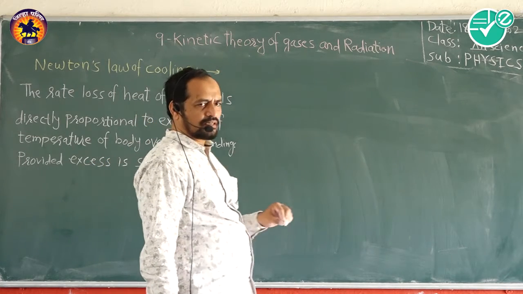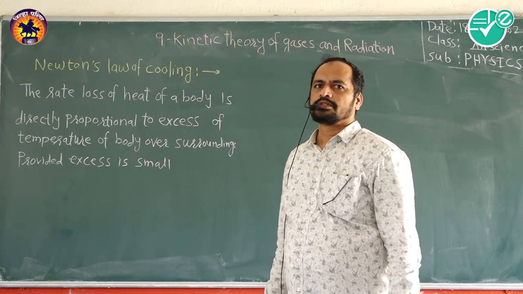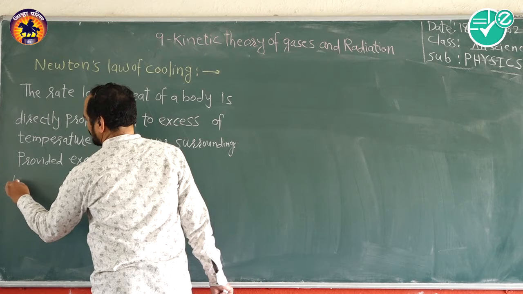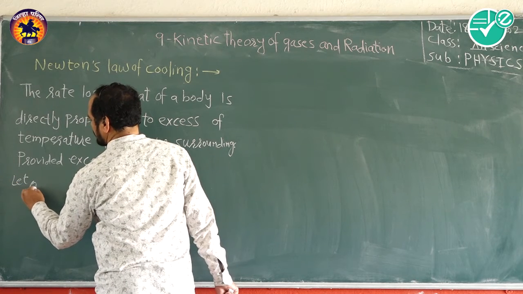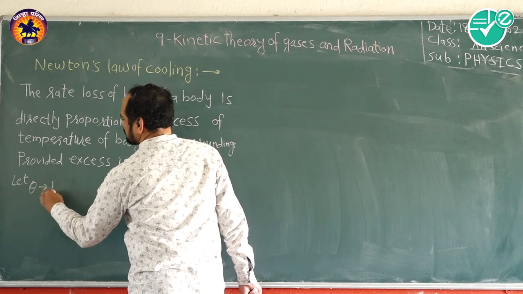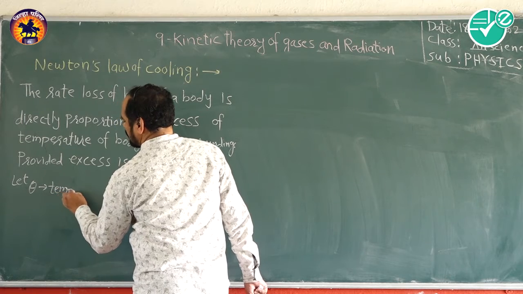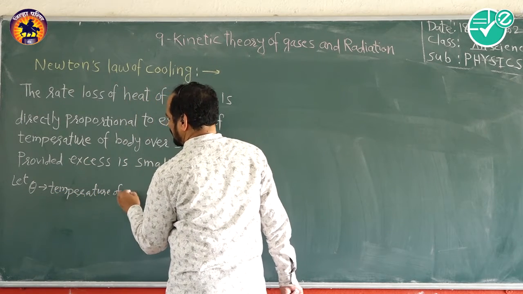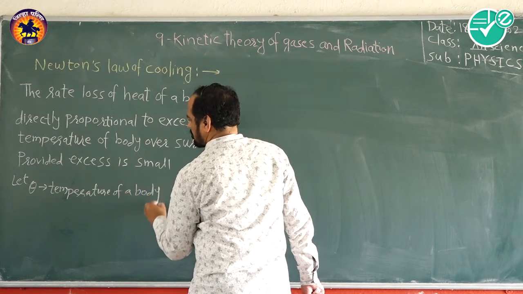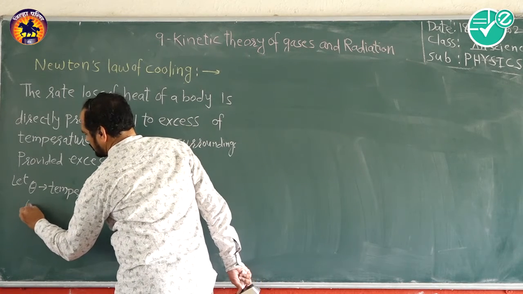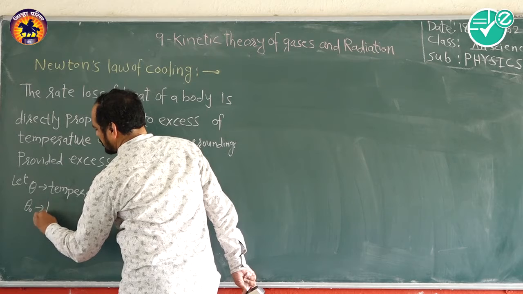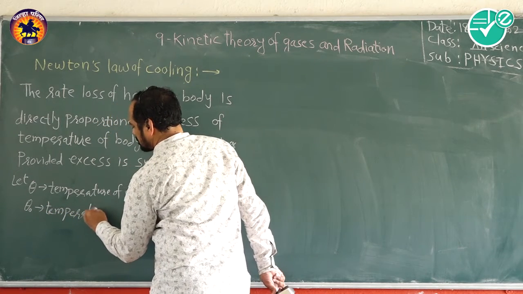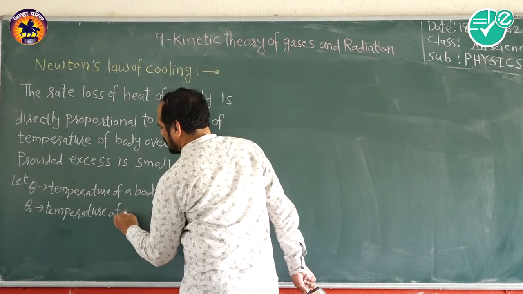So here we will consider the two temperatures, that of the body and of the surrounding. Let theta be the temperature of a body, and theta 0 the temperature of the surrounding.